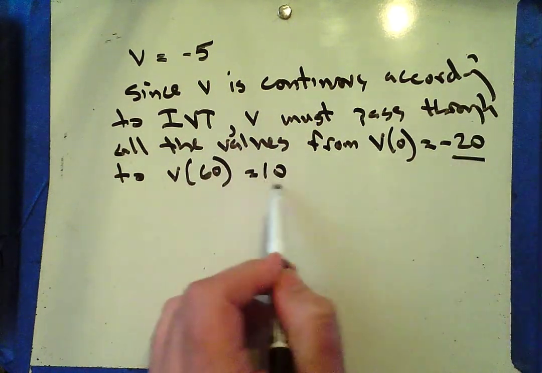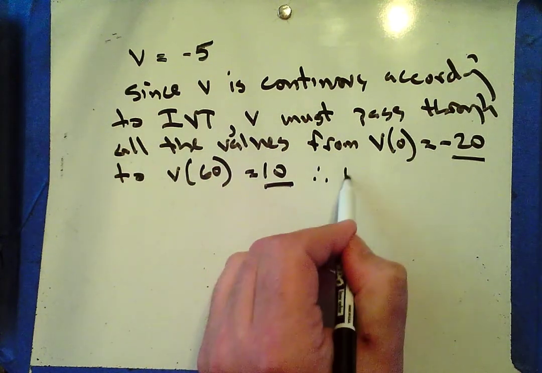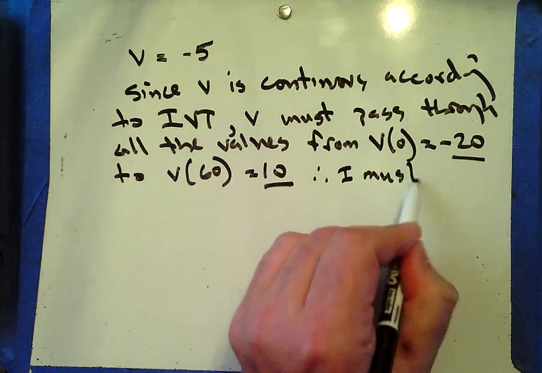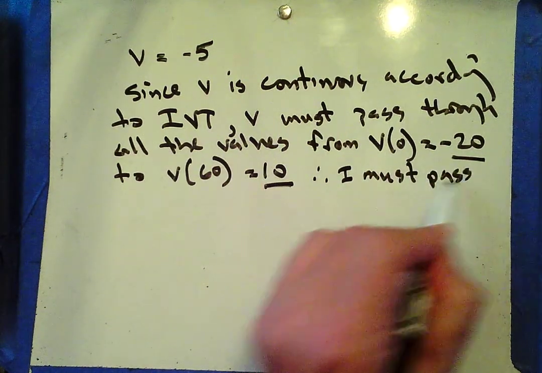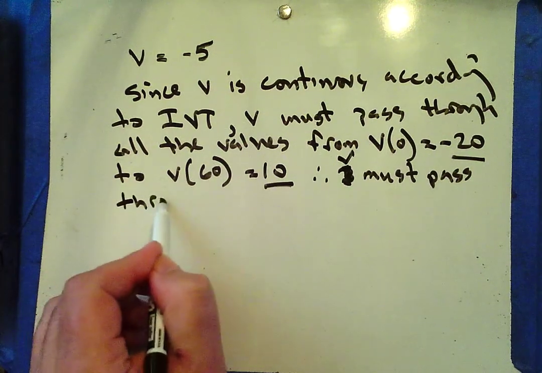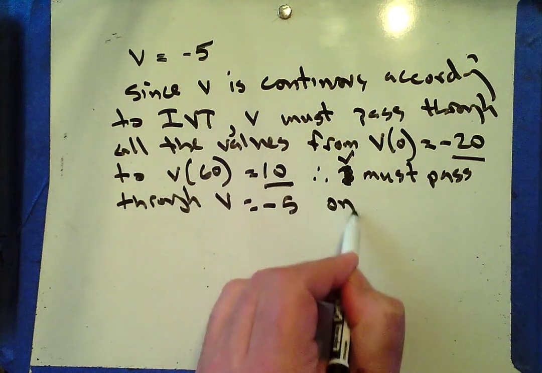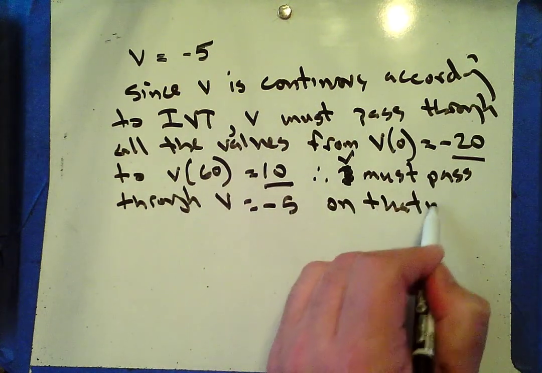And so passing through all the values from negative 20 to 10, therefore velocity must pass through v equals negative 5 on that interval.